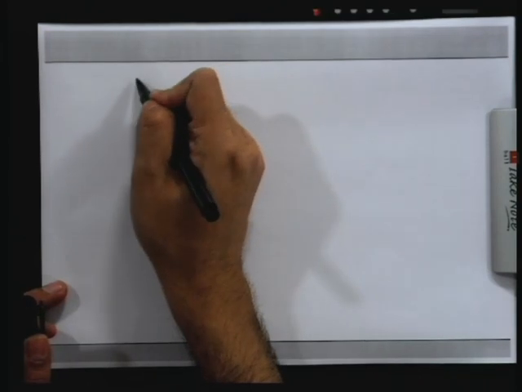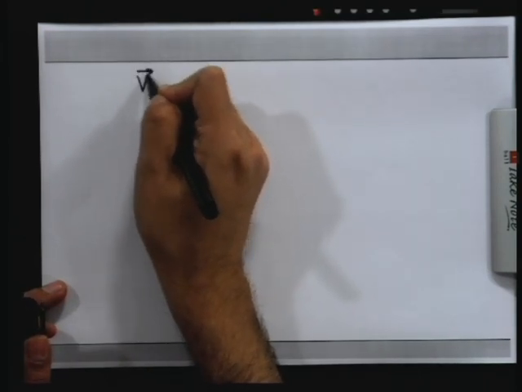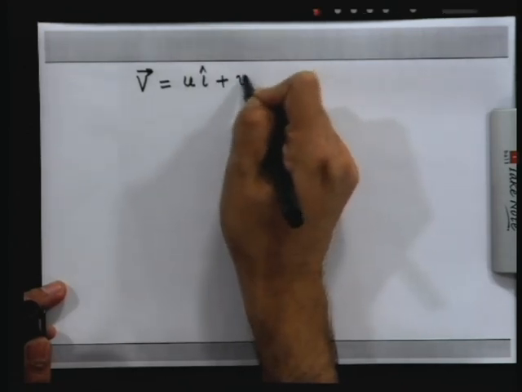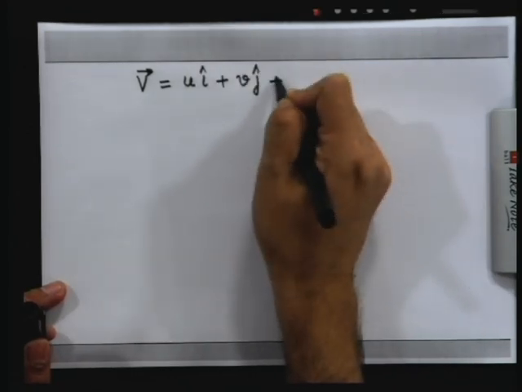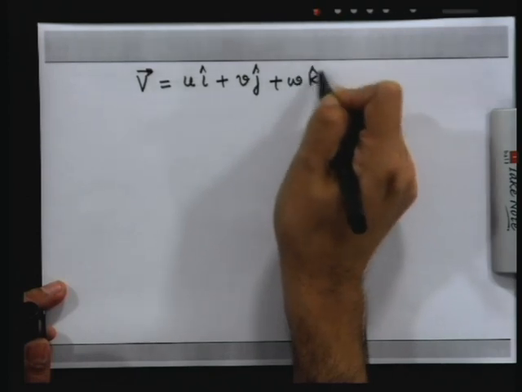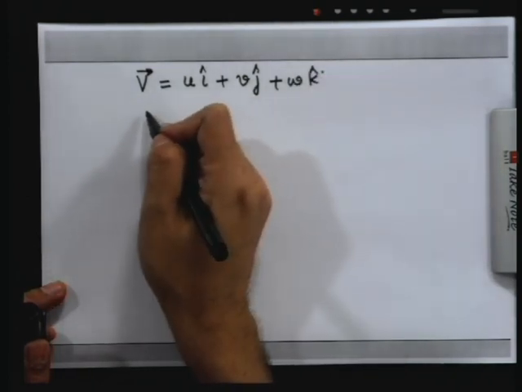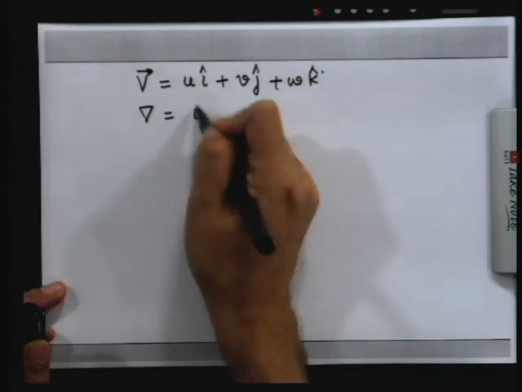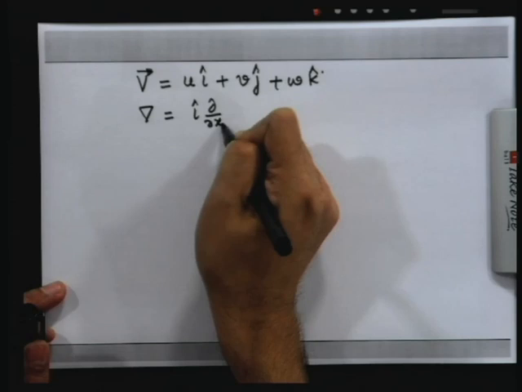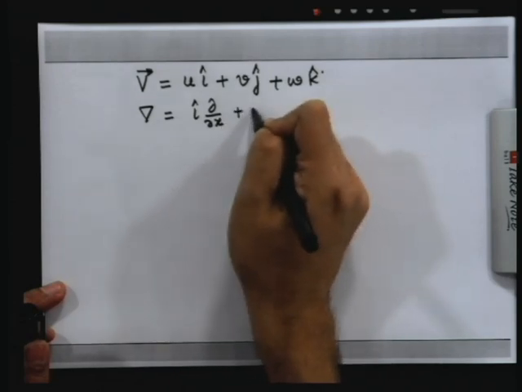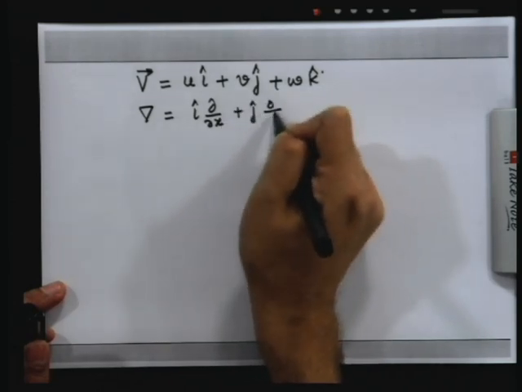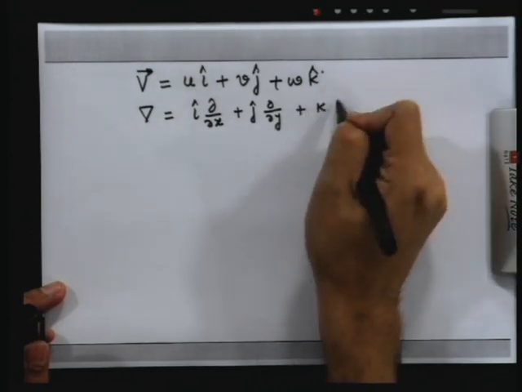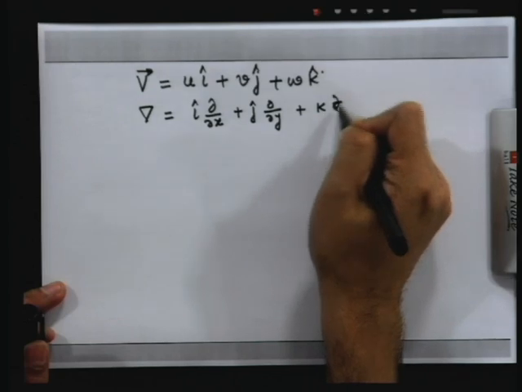So let us write the velocity vector v as ui plus vj plus wk, and the del operator as i del x plus j del y plus k del z.